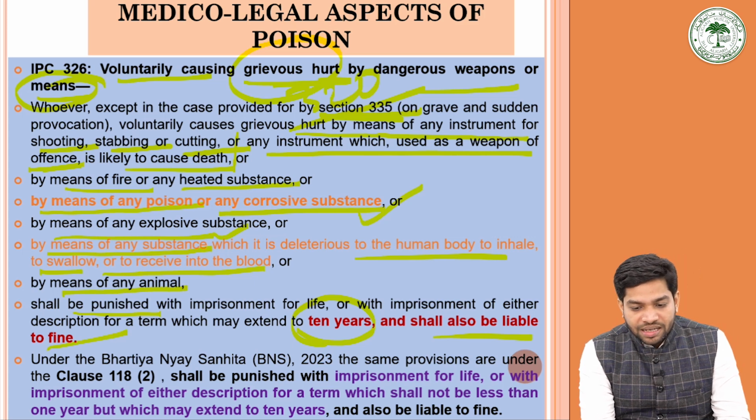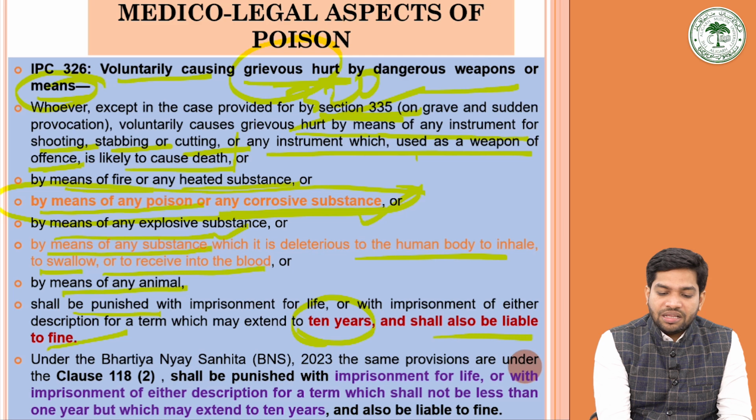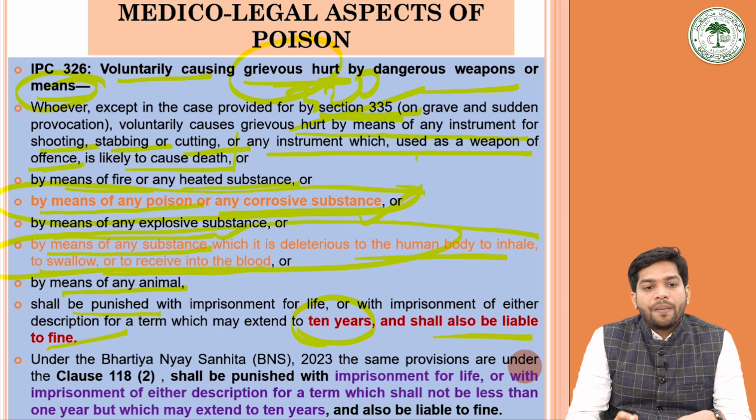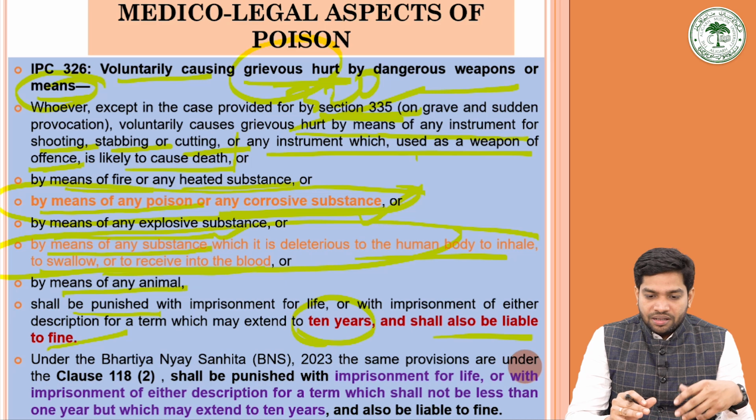So under the dangerous means, for our purpose there are these poisons. Here the poison may be used by means of any poison or a corrosive substance, by means of any substance which is deleterious to human body to inhale, to swallow or to receive into the blood. So here our perspective of poison is there.